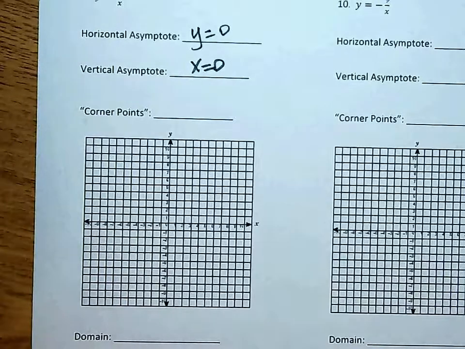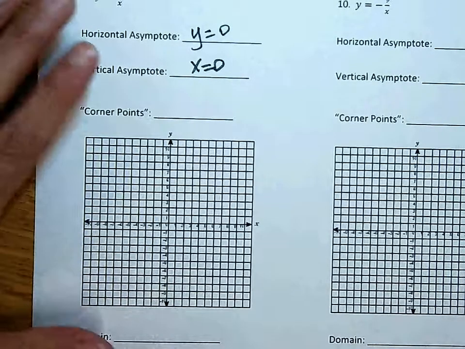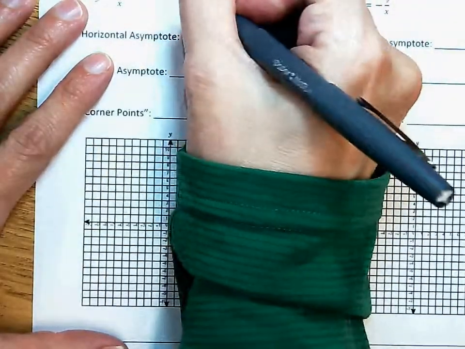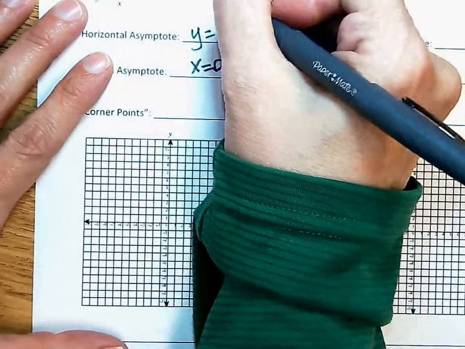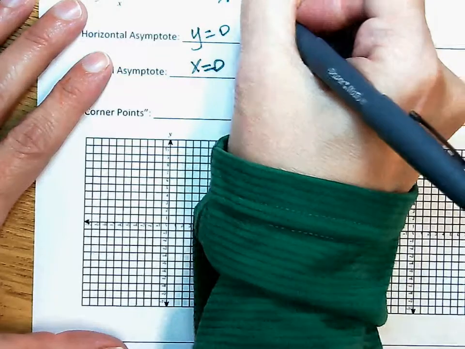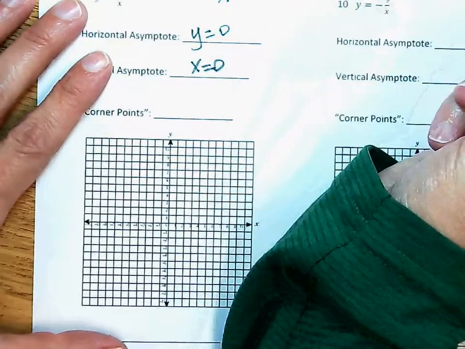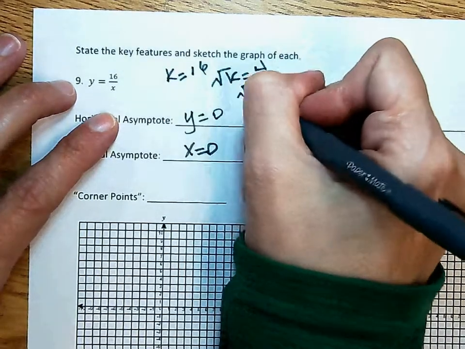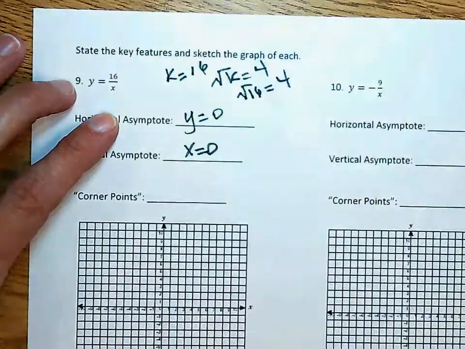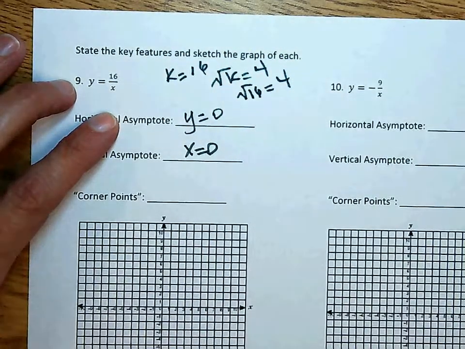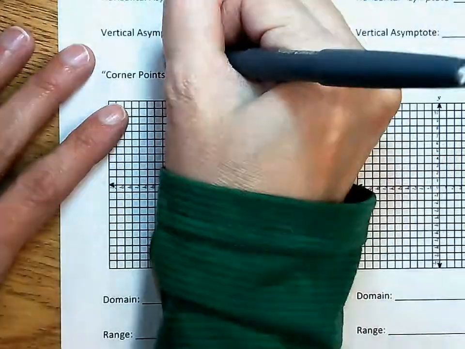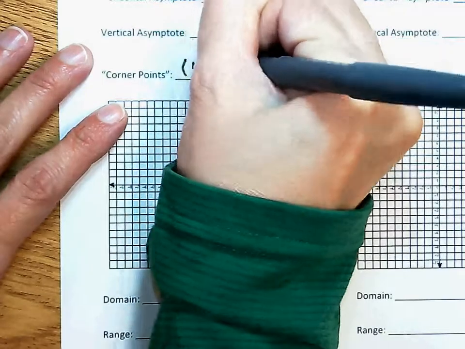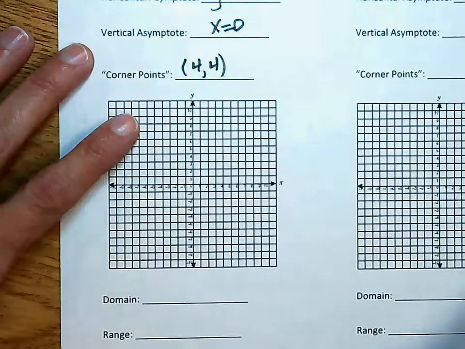Okay, and now it says so what is my k value? K value is 16, so the square root of k is 4. So I just wrote that up there because the square root of 16 is 4. Then it would be 4, 4. Perfect. It's going to be 4, 4, and what?